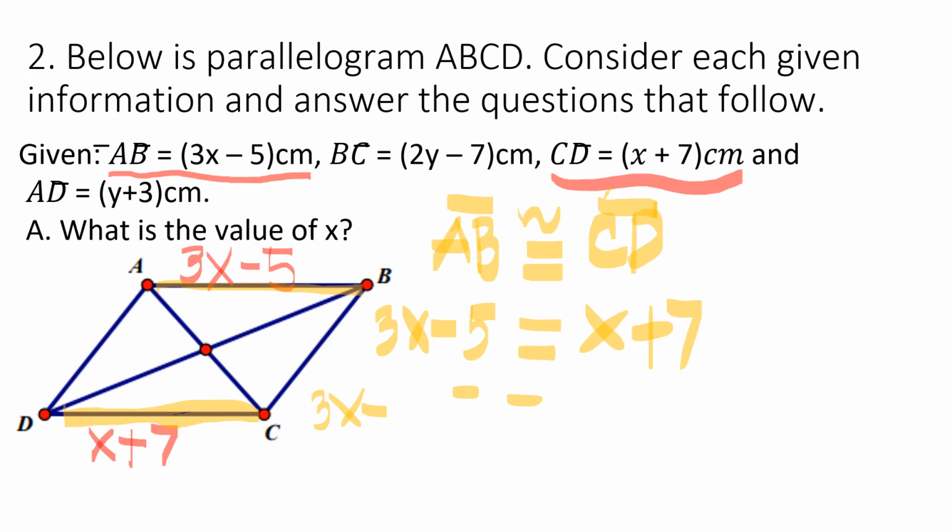Okay, again. Let's say we have 3x minus x minus 5 plus 5 equals x minus x plus 7 plus 5.